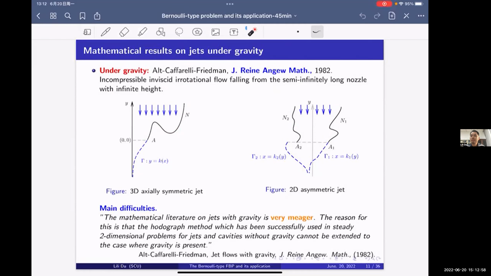The mathematical literature on jets with gravity is very meager. The reason is that the hodograph method, which has been successfully used in steady 2D problems for jets and cavities without gravity, cannot be extended to the case where gravity is present.